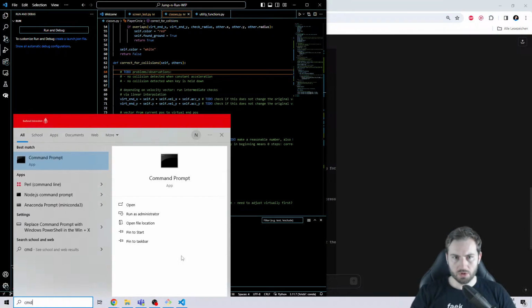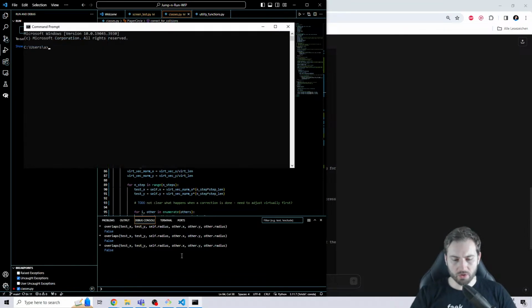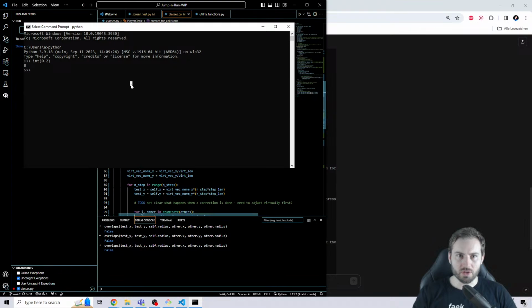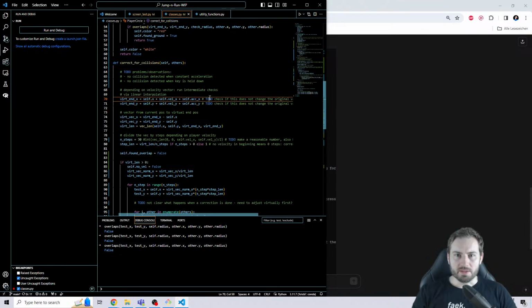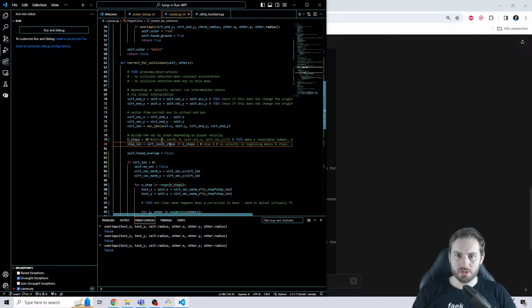Does integer round up or down? Yeah, it rounds down. Right, I knew it. So then sometimes it's just 0 steps. And then it doesn't go in there at all. Okay, so this definitely needs to be fixed. Reasonable number. It was a little bit too simplified.